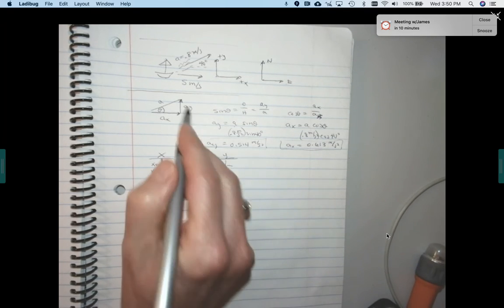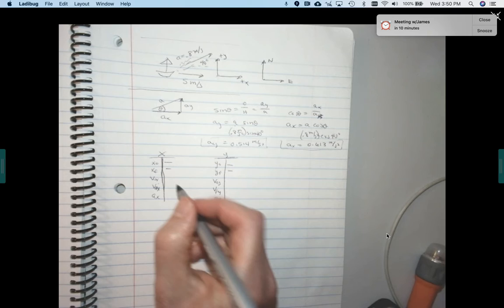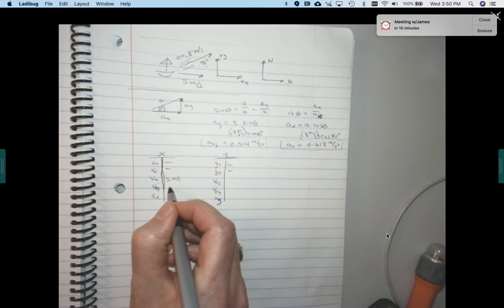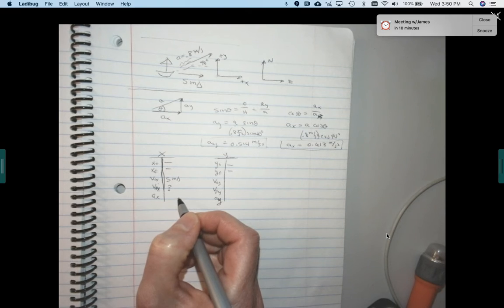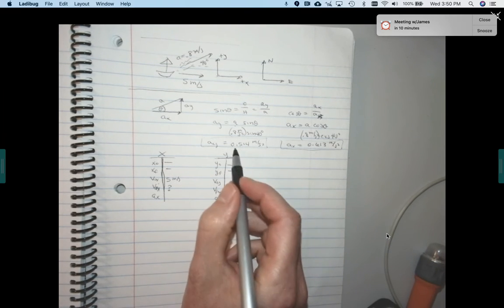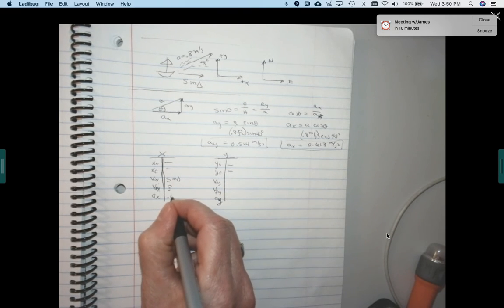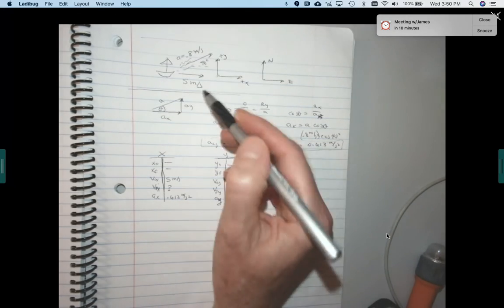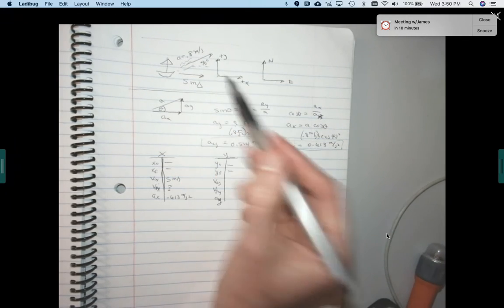v0x we do know, that's 5 meters per second. The final velocity we need to find, because it asks for the final speed and direction. Now we know what ax is, that's 0.613 meters per second squared. v0y we know because it says the boat is just moving in the x direction.